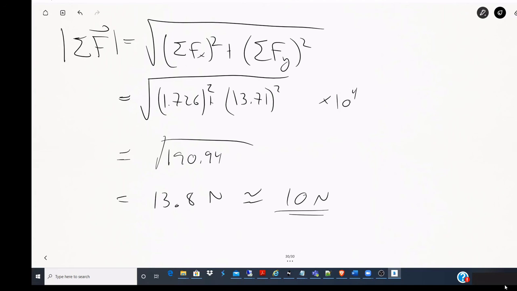So the final answer would be 10 newtons once I round for significant figures. And of course, I have to carry this order of magnitude. But I'm going to stick with the 13.8 if I have to use it again in further calculations.